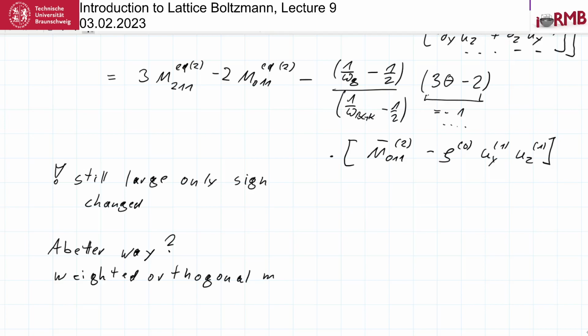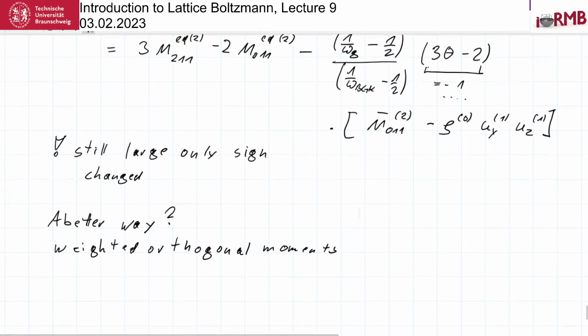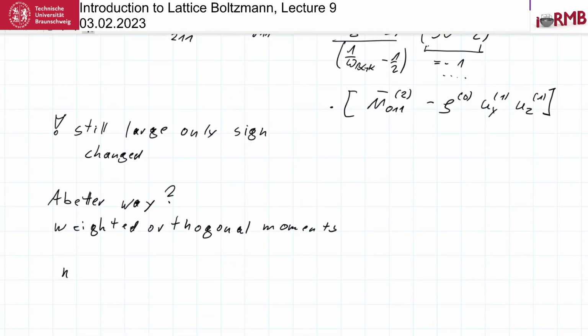Weighted orthogonal moments. We simply define a new moment, M211 equals capital M211 minus theta M011. So I just define the moment like this.